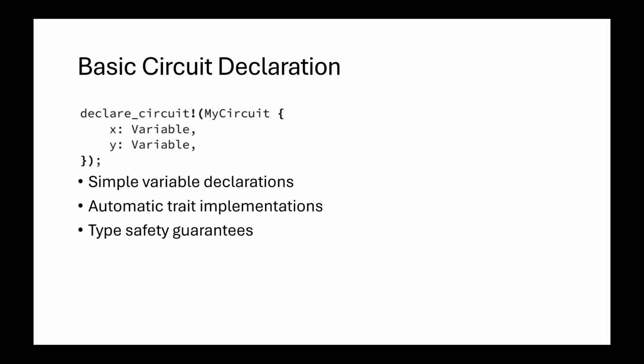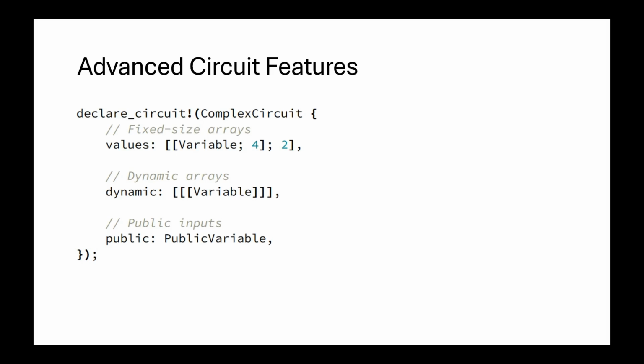We need to list all the input variables. Use the declare circuit macro. We can declare circuit structures like this. Also, we support some additional features, like you can declare arrays or public inputs.